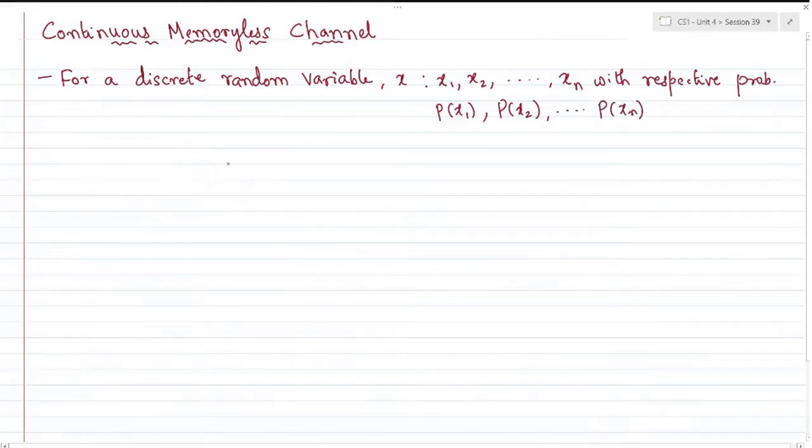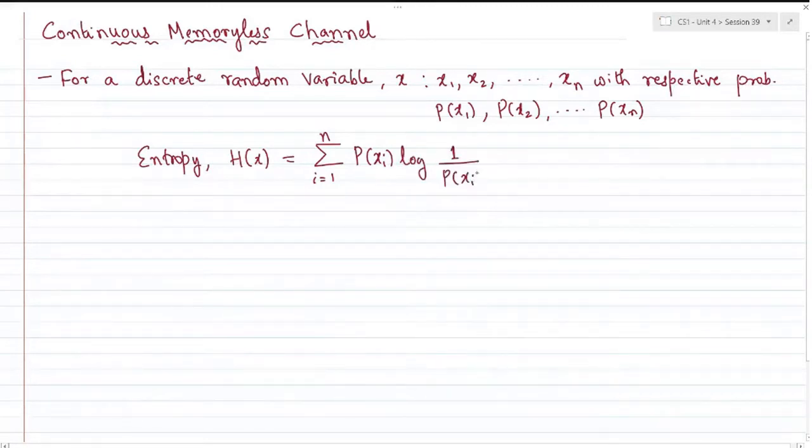So with this discrete random variable, set of all these symbols along with their respective probabilities, we defined the entropy of such source as H of x, which we defined as summation i from 1 to n, P of xi times log of 1 over P of xi, right?